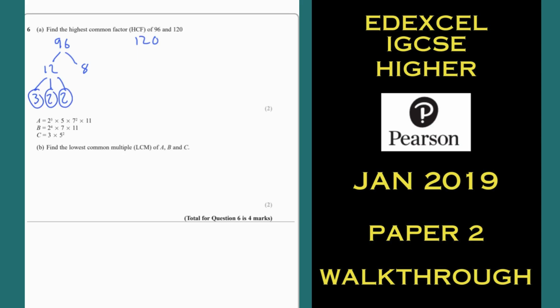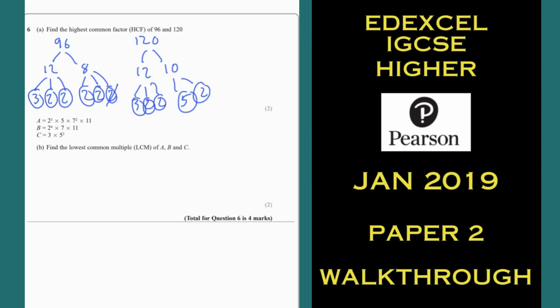3 times 2 times 2 is 12. 2 times 2 times 2 is 8. That can be 12 tens. That's obviously 5 2s, but again, 3-way split. And the highest common factor is multiply common factors, just get them paired up.